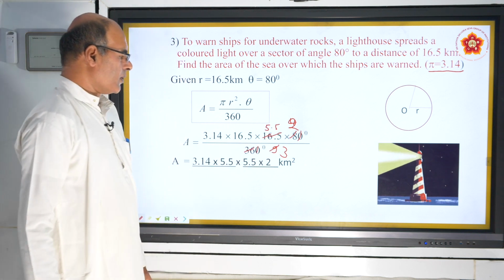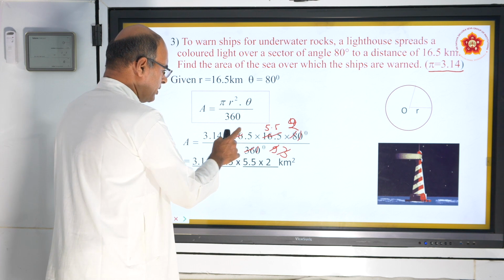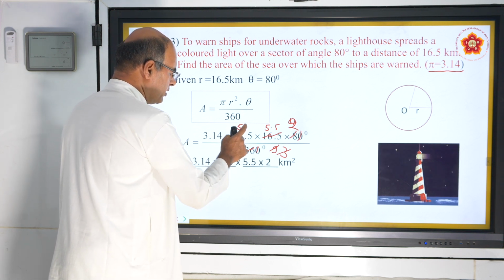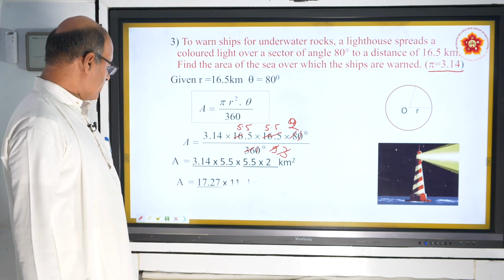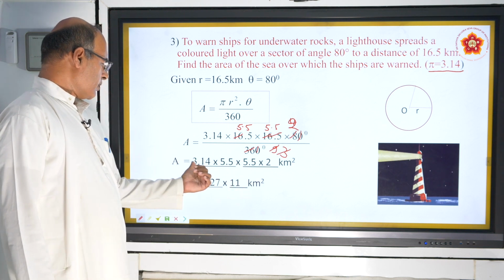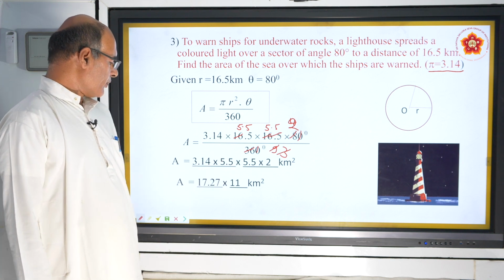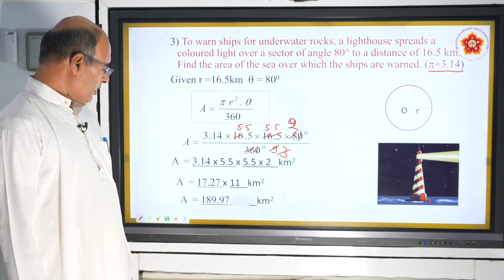Again 3 is here, 16.5 is here, 3 1s here, 3 5s 15, 1 remains, 15 again, 3 5s 15. So calculate it. We get 5.5 into 2 is 11, and carefully, slowly calculate 3.14 into 5.5. So we get 189.97.